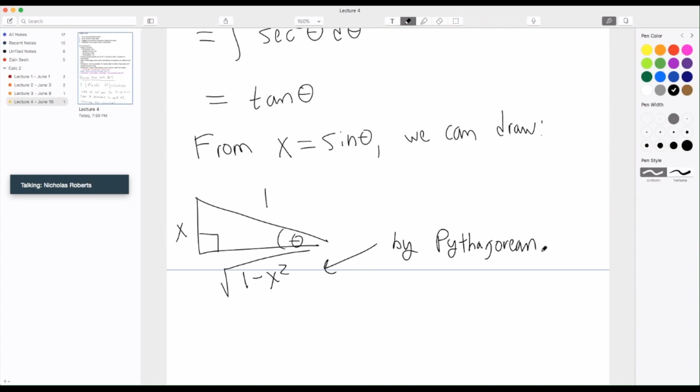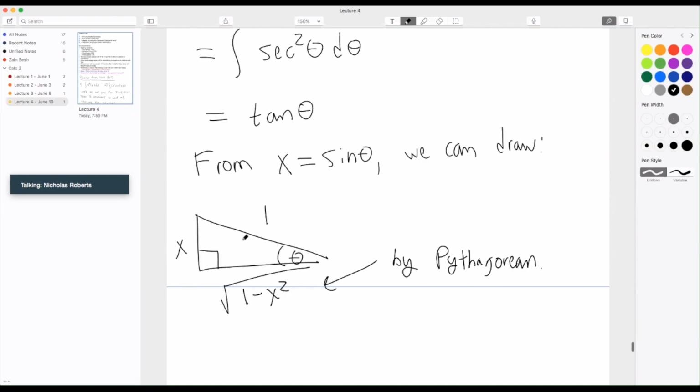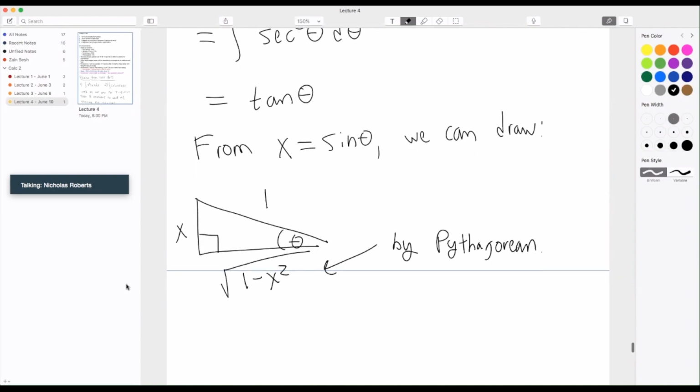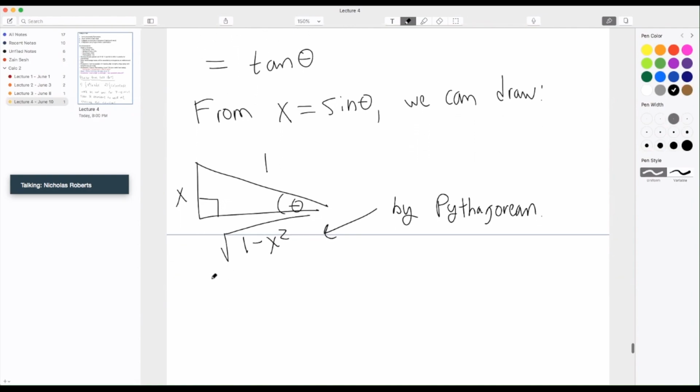Hope that's cool. So let's just recall the information that we need. We need tangent theta. We need to rewrite tangent theta in terms of x. Well, that's easily readable from this triangle.